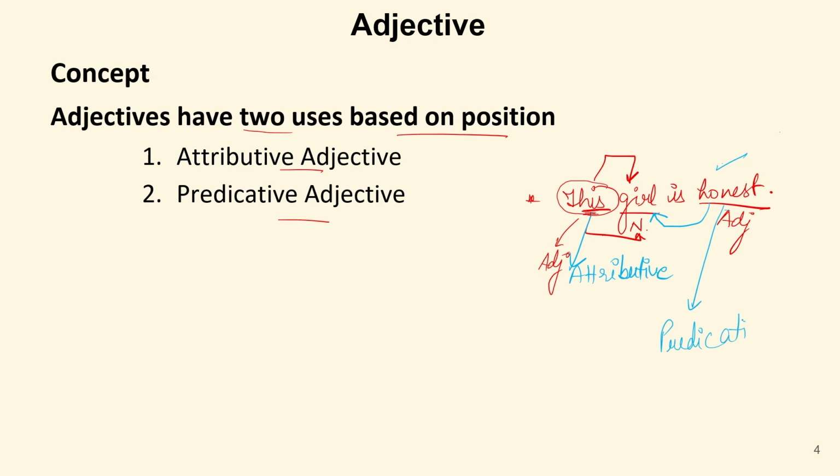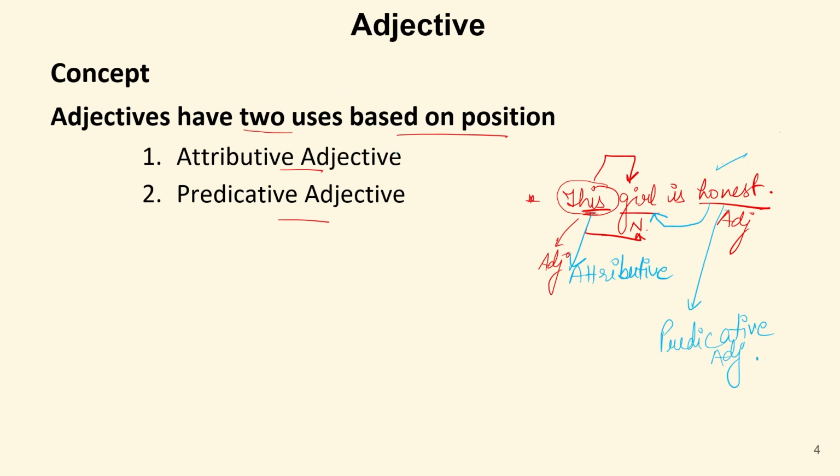So a word or an adjective, if it is used for the noun but it is not just before it, or it is far from it, or it is in the predicate part of the sentence, it is called a predicative adjective. Whereas attributive adjectives are the adjectives which are positioned just before the noun which they qualify.